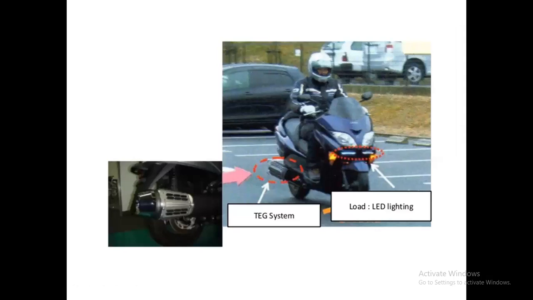So in this phenomenon, you can see the thermoelectric generator system can utilize the wastage of heat from the side. That particular thermoelectric power generator converts the heat into electricity, and the front light can be operated by this useful electricity in the LED light.